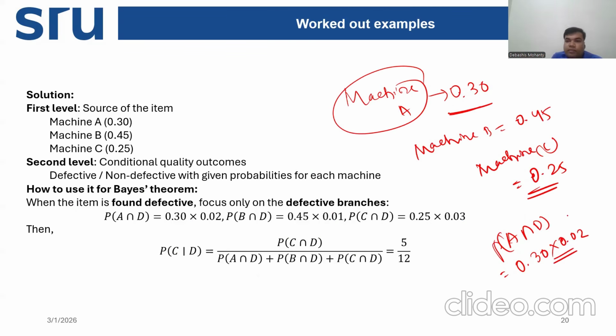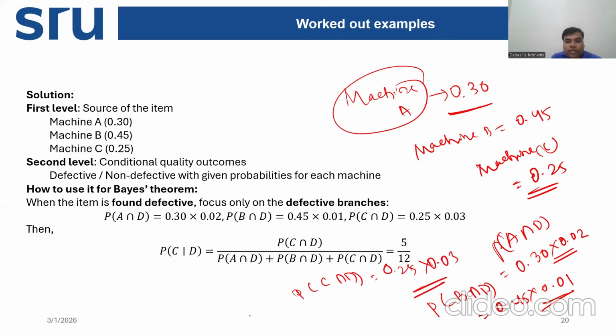Similarly, probability of B intersection D is 0.45 multiplied by 0.01. And the third one, probability of C intersection D, is 0.25 into 0.03.